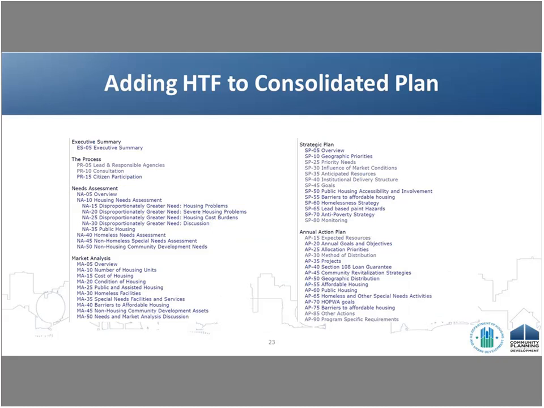And then finally, the consultation and the citizen participation process referencing HTF just like you do with all of your other CPD programs. So we're going to go into IDIS and just highlight this real quick. I'm going to pause the PowerPoint here.